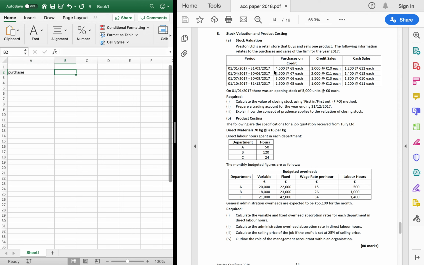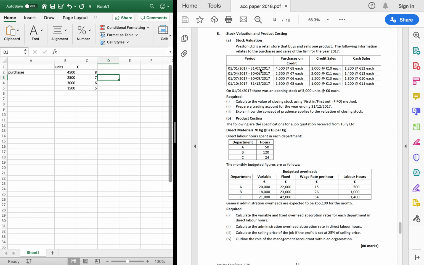So we're just going to go purchases. Now, it's quite important that you show units and price. So it's 4,500 at 8, 2,500 at 7, 3,000 at 6, and 1,500 at 5.